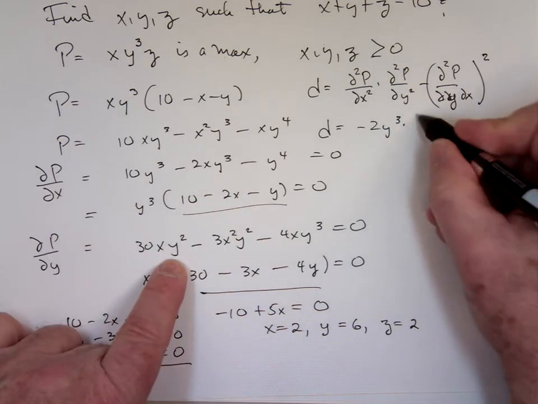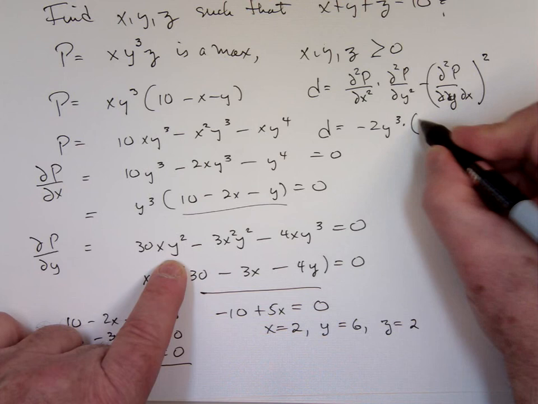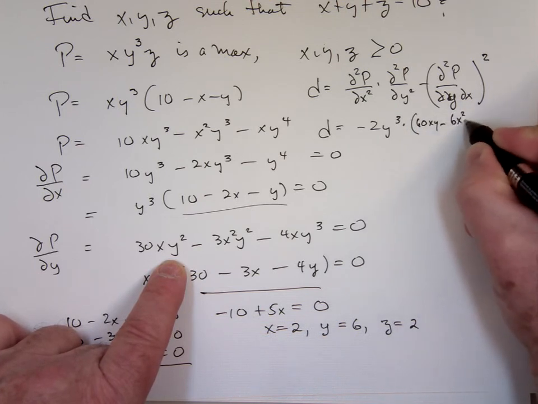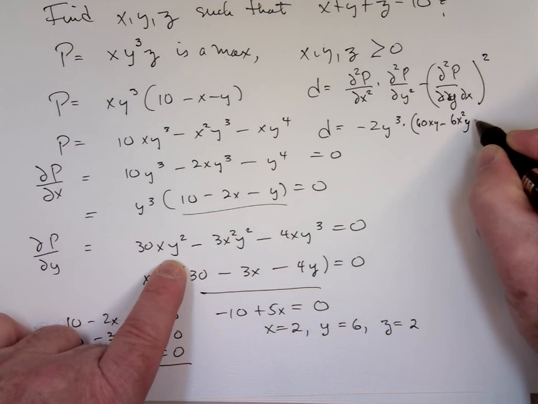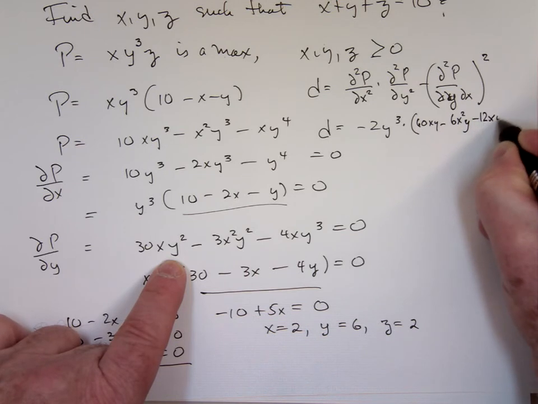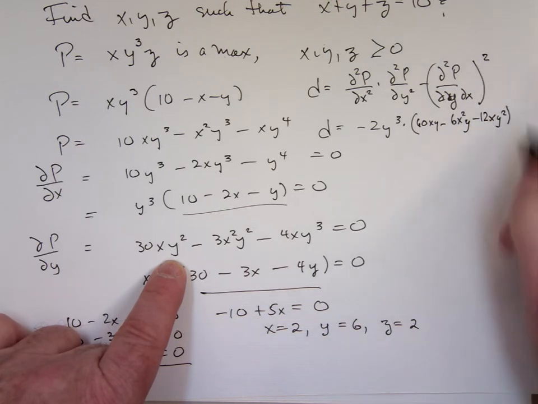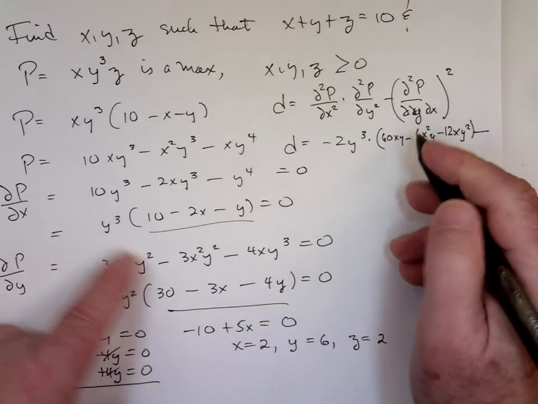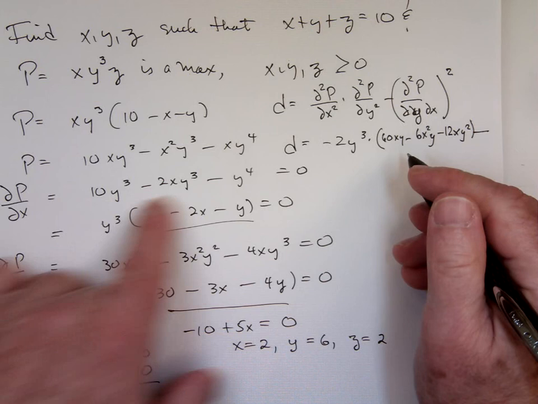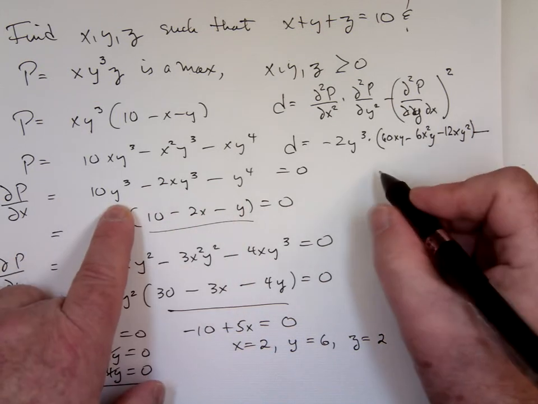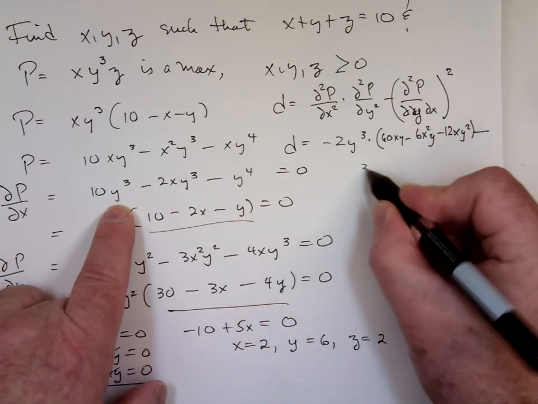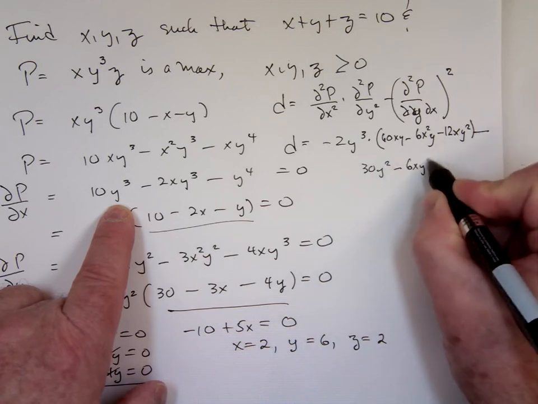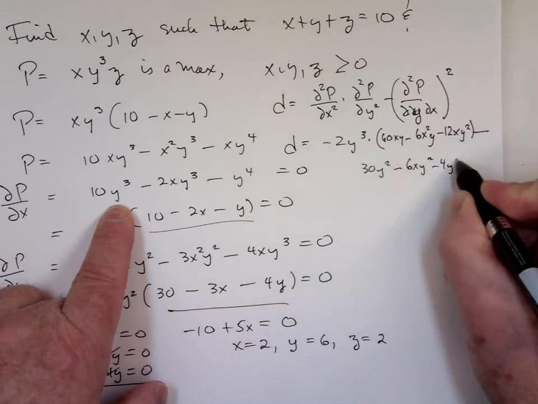This would be 60xy minus 6x squared y minus 12xy squared, minus the mixed partial squared. If I do x and then y, you get 30y squared minus 6xy squared minus 4y cubed, and square that.